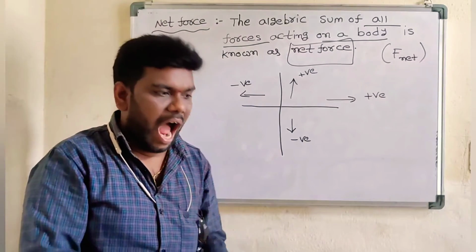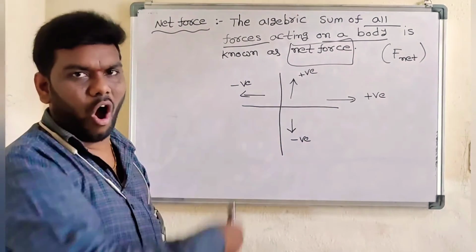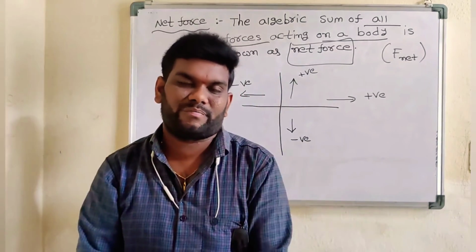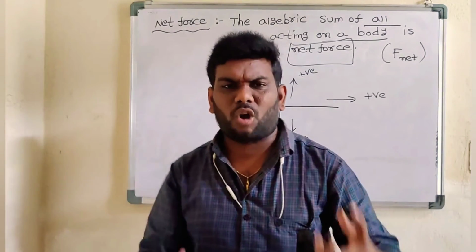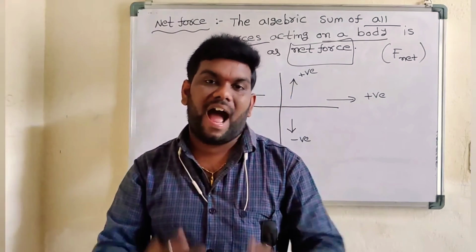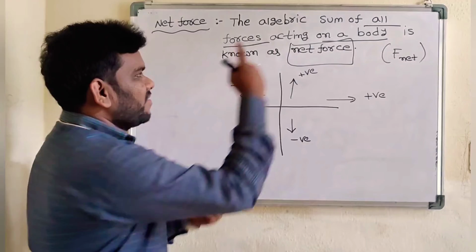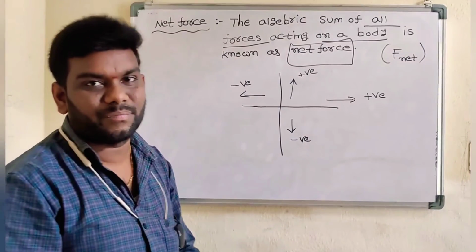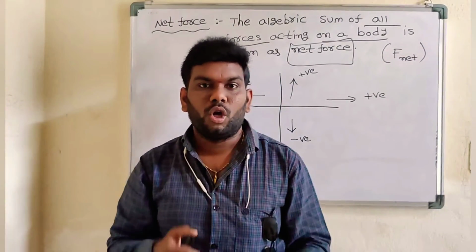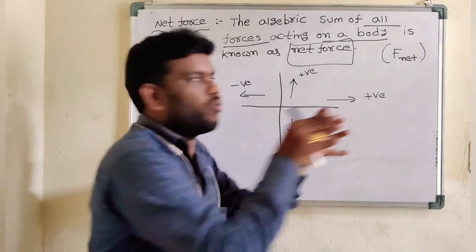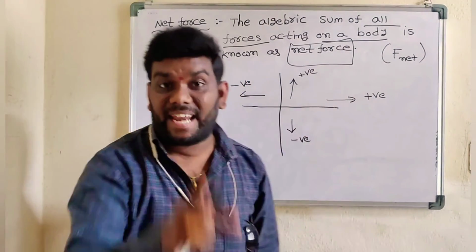So in this case net force is 0. So the total force I apply on this wall, in this case that net force is 0. For example, if you push towards the right, it is taken as positive.